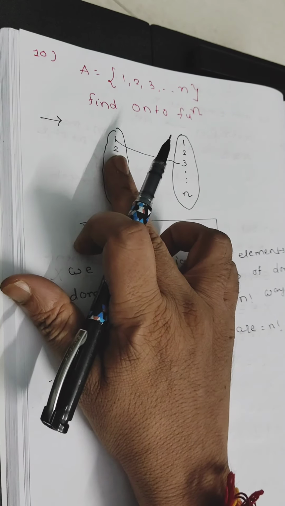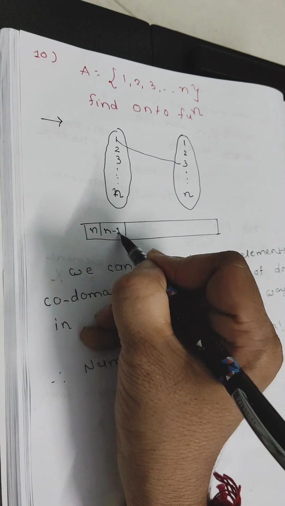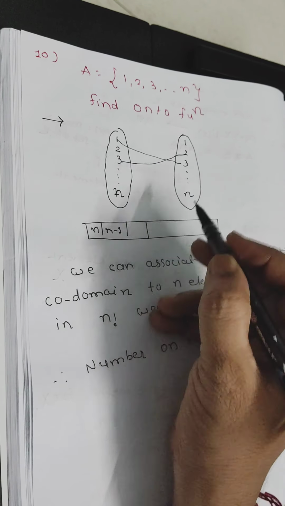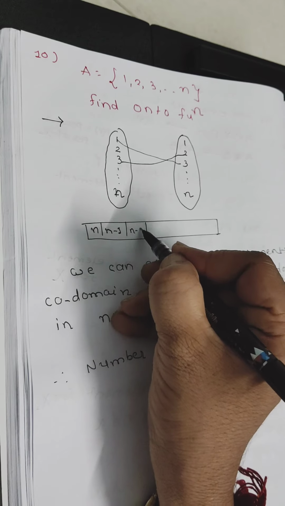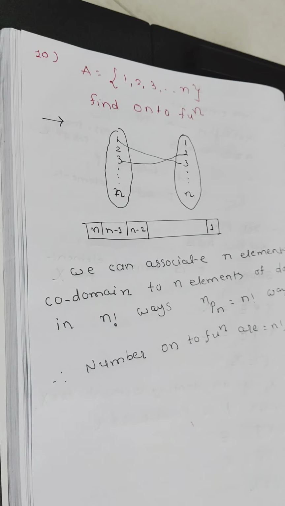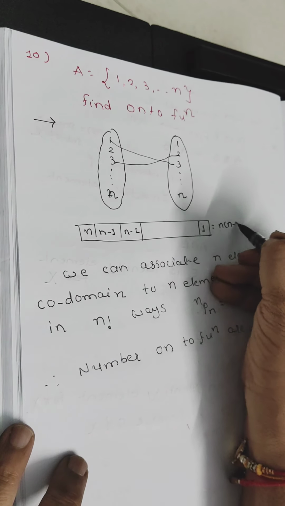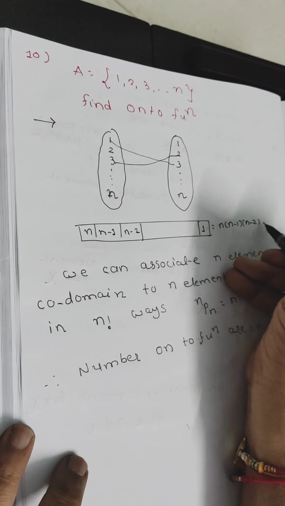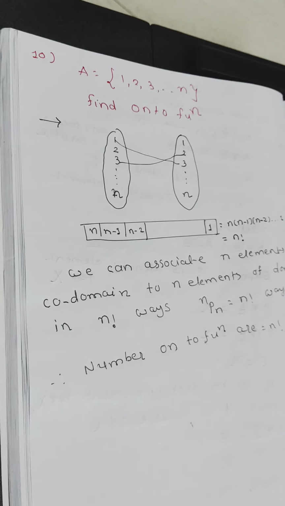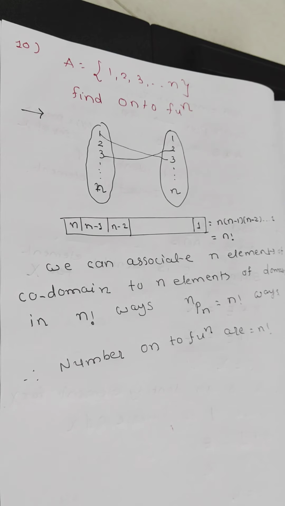Now for the second element, how many options are there? n minus 1. For the third element, n minus 2. For the last element, 1. So it is written like this: n into n minus 1, n minus 2, dot dot dot, 1. It is nothing but n factorial. Okay, so this is my 10th.